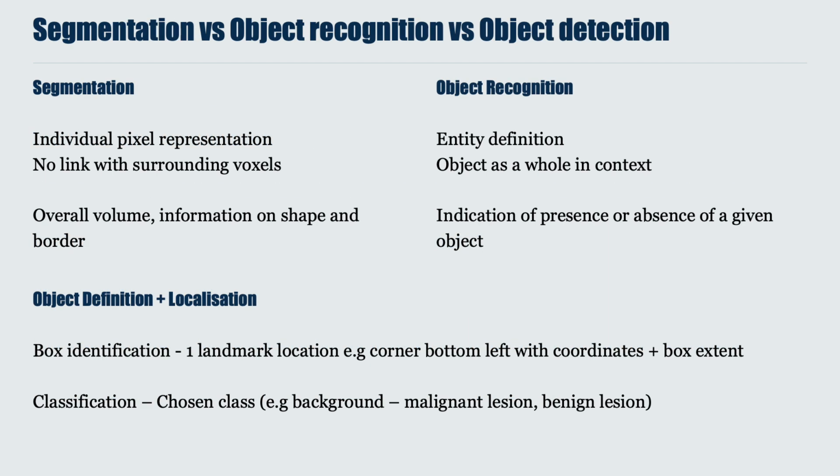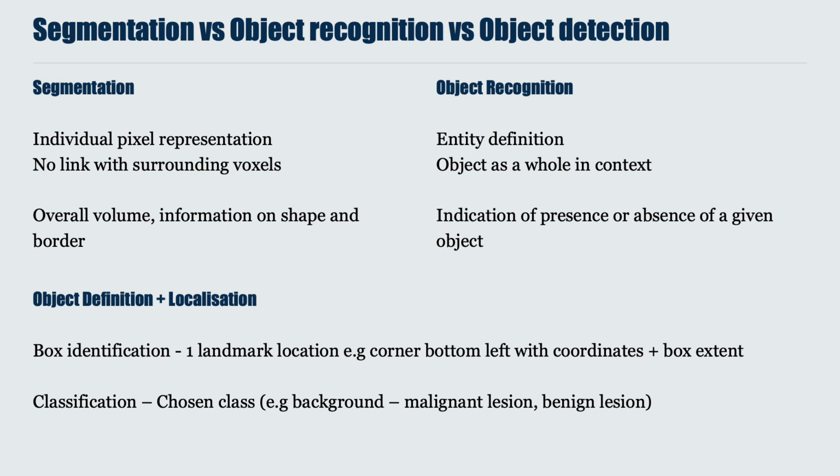So let's try with some definitions and see what distinction we can make between segmentation, object recognition, and object detection. So segmentation is usually when you have to classify each individual pixel of an image, and there is, by definition, with that task, no immediate link between a voxel and its neighbors.